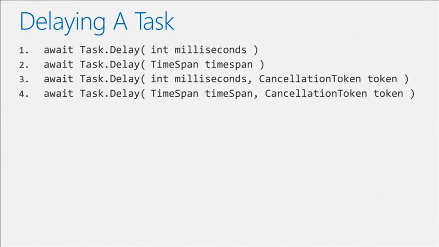And that allows you to do something like this, where you can call task delay and pass in a timeout value or a delay value. If you pass in 5,000 milliseconds into that first task delay, your asynchronous method is going to sit there for 5 seconds before returning and running that await's continuation.